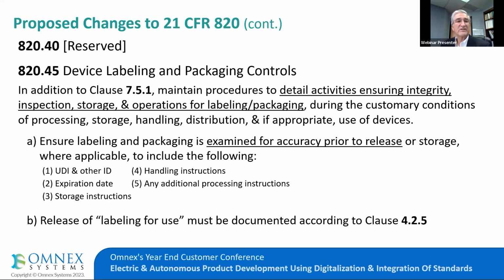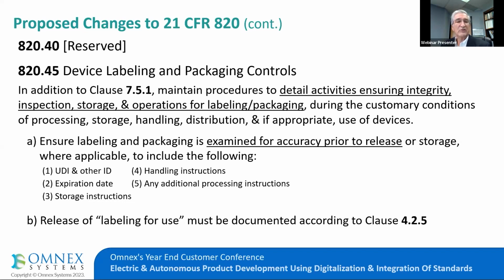Paragraph 45, device labeling and packaging controls. In addition to 7.5, detail the activities ensuring integrity, inspection, storage, operations for labeling and packaging. You need to ensure the packaging and labeling is examined for accuracy prior to release.